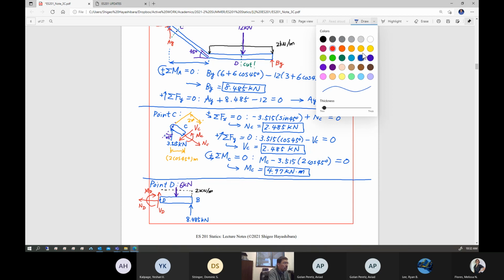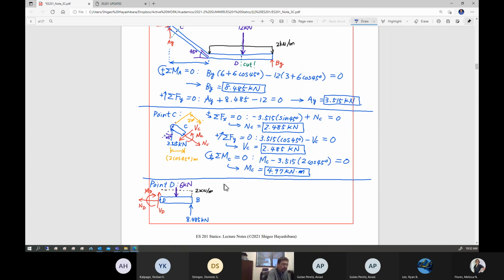So I'm going to apply once again three equations. Now this is the x direction. Summation of the force in x direction set equal to 0. This is going to basically give you ND equals 0. No normal force going through point D. Well, this is a typical result for a beam anyways, because this portion is a beam.